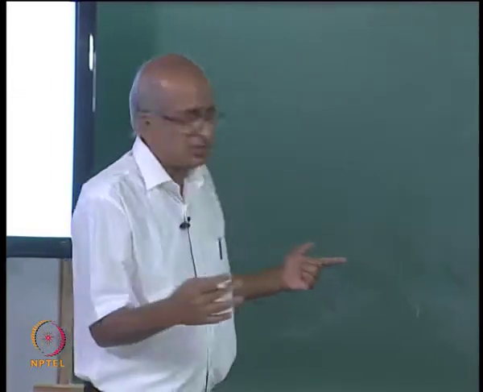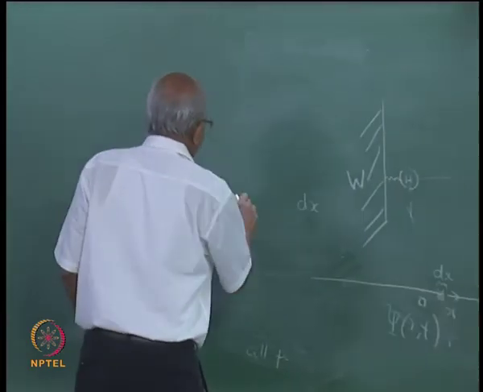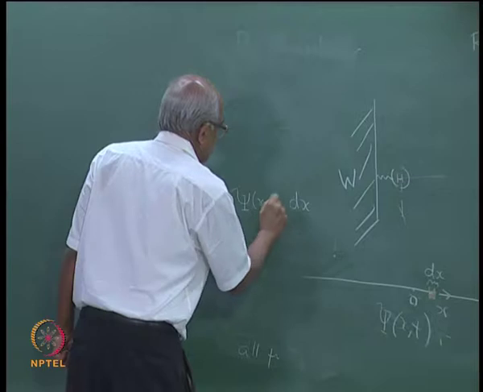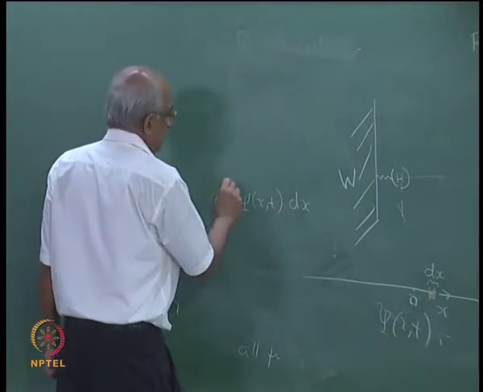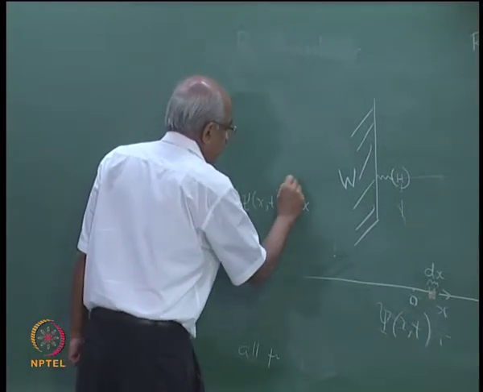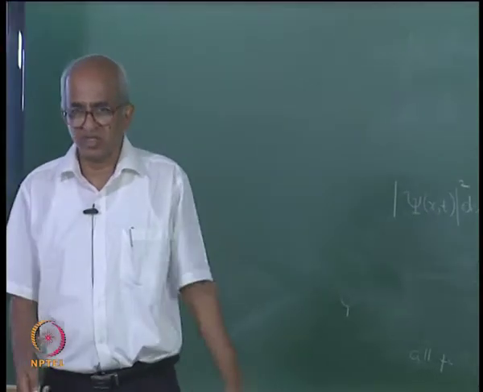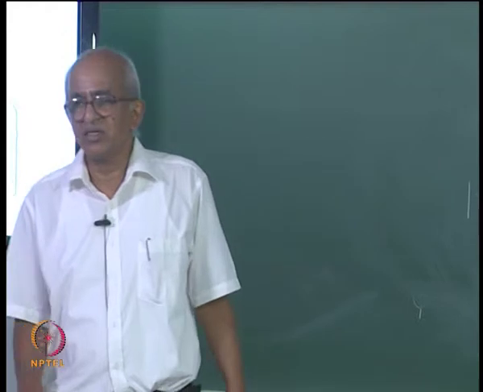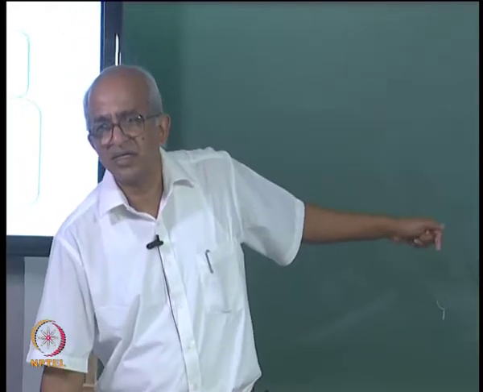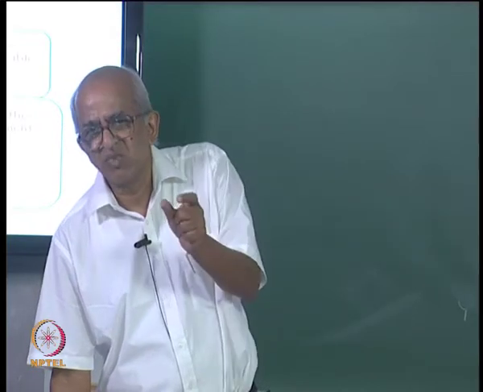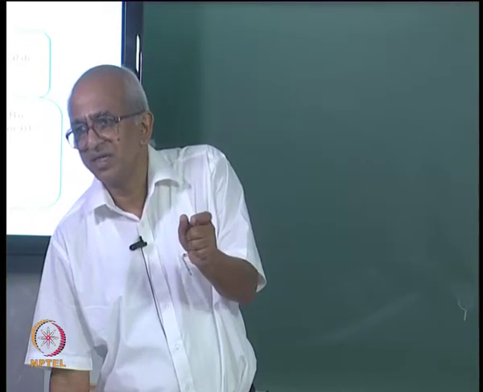So, I would expect that the probability will be given by an expression which I shall write as psi of x, t magnitude square. This is the probability, according to this postulate. That is actually a postulate. This is the probability that the particle will be found in a small interval of length dx.